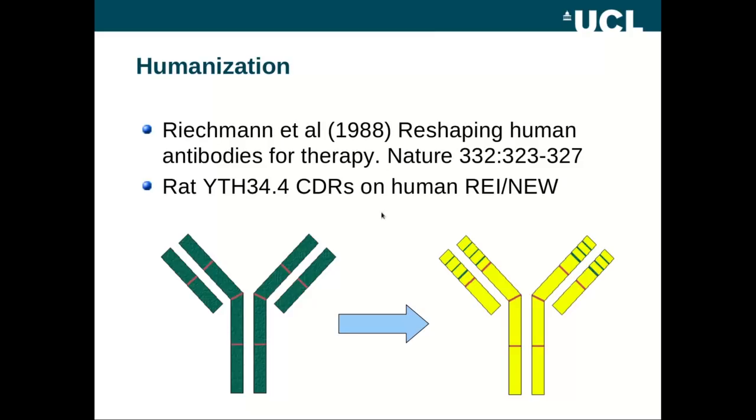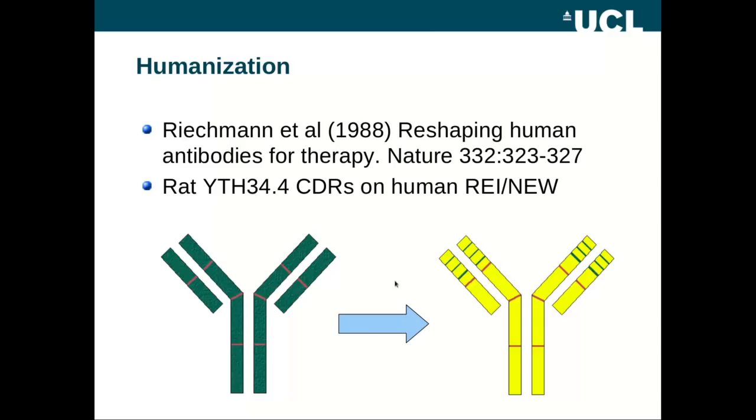They actually used a rat antibody, and they grafted the CDRs onto a human antibody called REI, which was used as a framework to support the light chain CDRs, and an antibody called NEW, which is a human antibody which was used to support the heavy chain CDRs. So the two heavy chains came from NEW, the two light chains came from REI, and the CDRs came from this rat antibody.